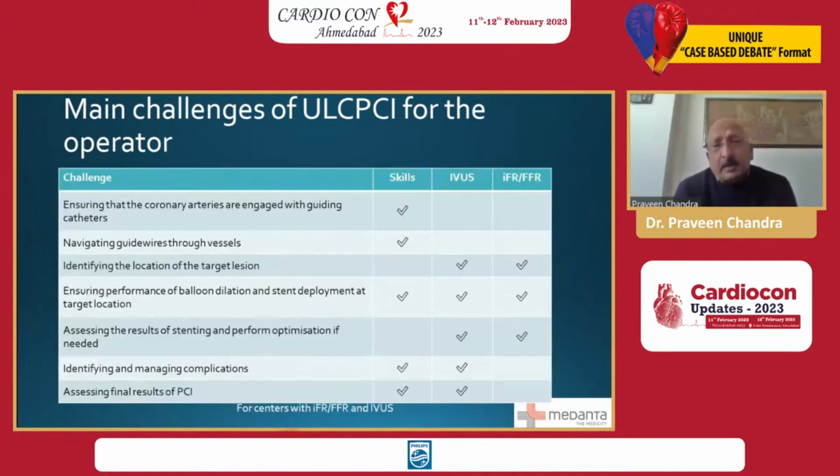So basically, what you require is a little bit of skill, which you already have, but you have to make the mindset change: use of IVUS, use of iFR, and also use of OCT sometimes with saline. In OCT, we don't use contrast, we use saline with a 50 ml syringe, and it works very well. So at all stages, as you can see, we can do that without using any contrast.